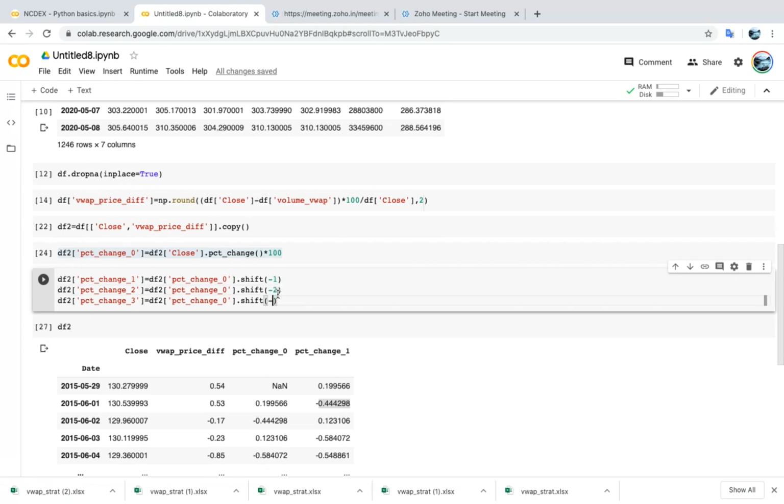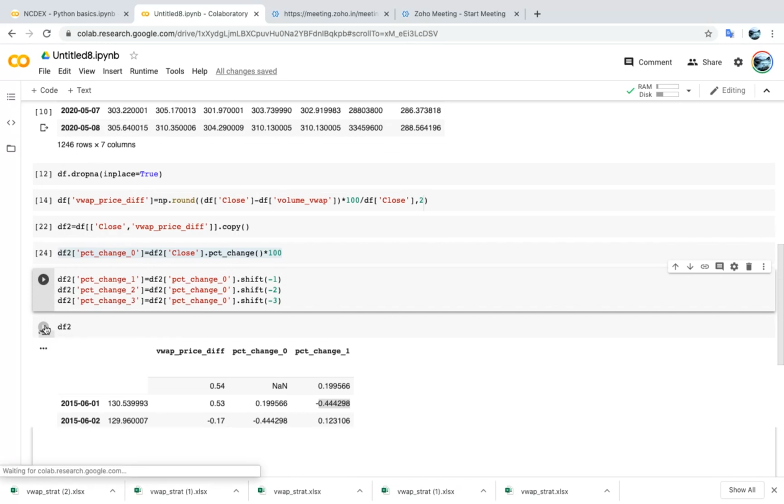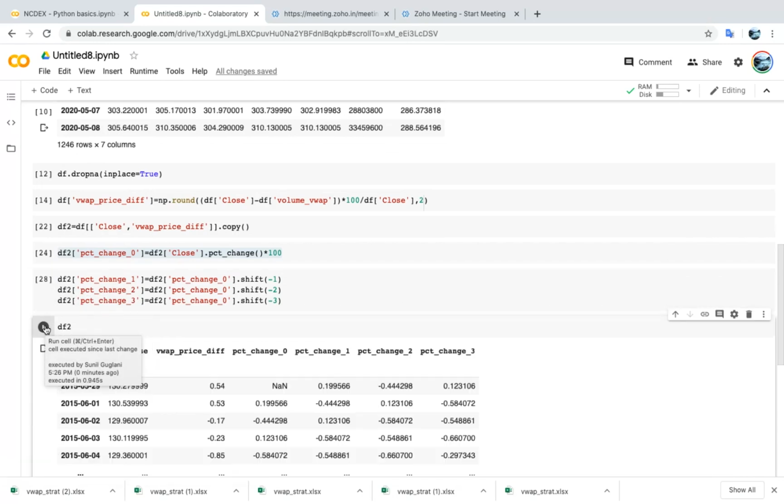I'll run it again. See, now it is calculating the percentage change of close price for the next 1, 2, and 3 days. This is what we have as of now.